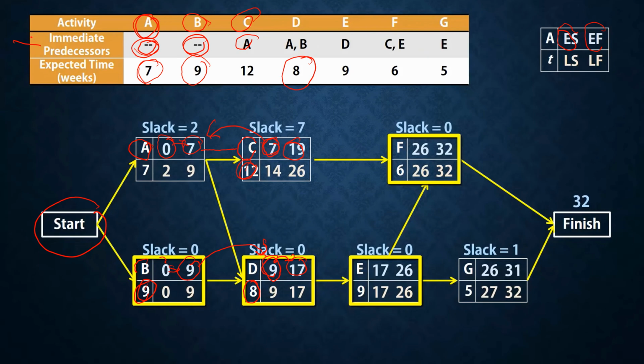And we will follow the others the same way. E requires 9 weeks and depends on D. So D will finish after 17 weeks, so E will start after 17 and it will finish at 9 plus 17, 26.